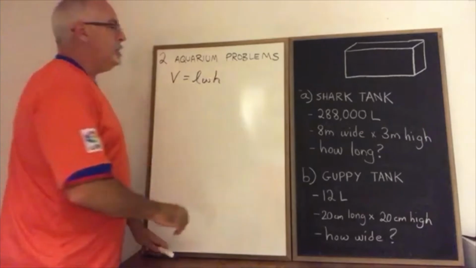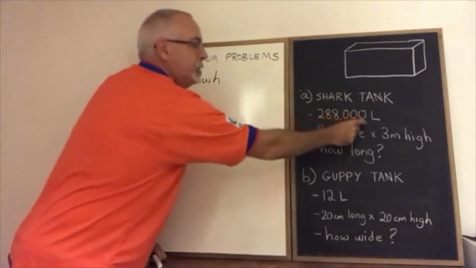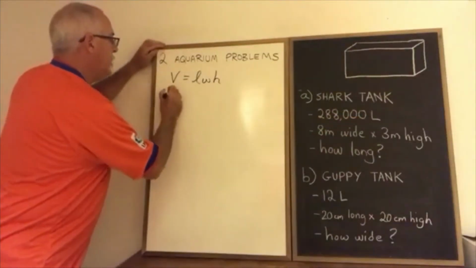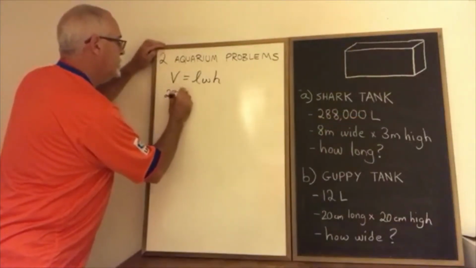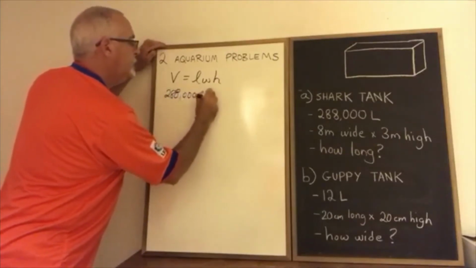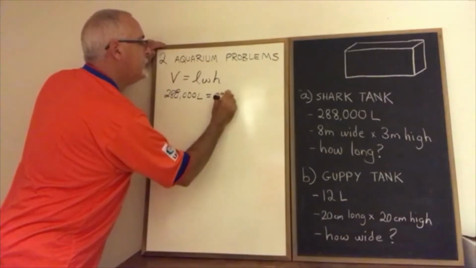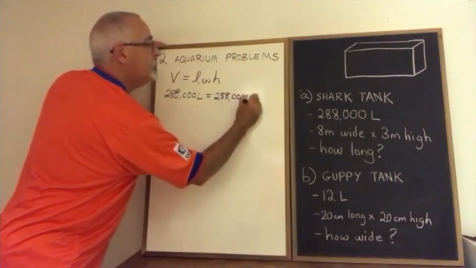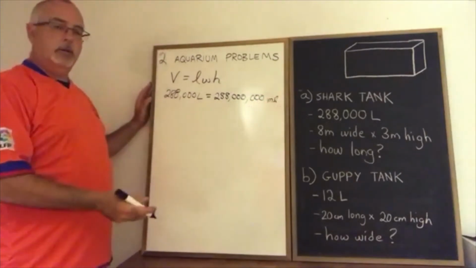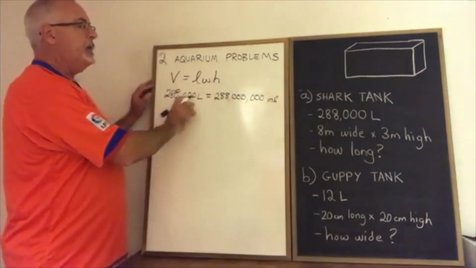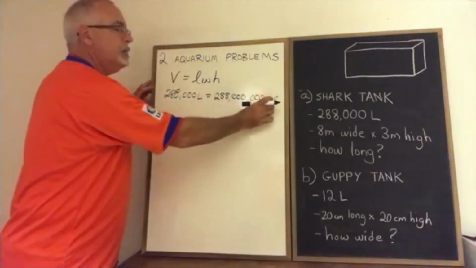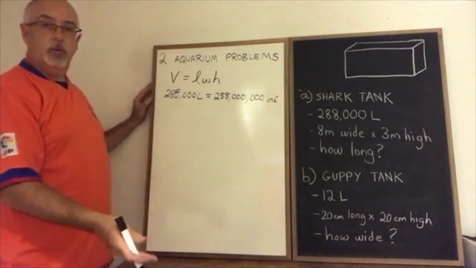But we do not want to be mixing in this formula liters and meters, so it's time to do a conversion. 288,000 liters is equal to 288 million milliliters, because there are 1,000 milliliters in a liter. This is very useful because the conversion between milliliters and centimeters cubed is 1-to-1.